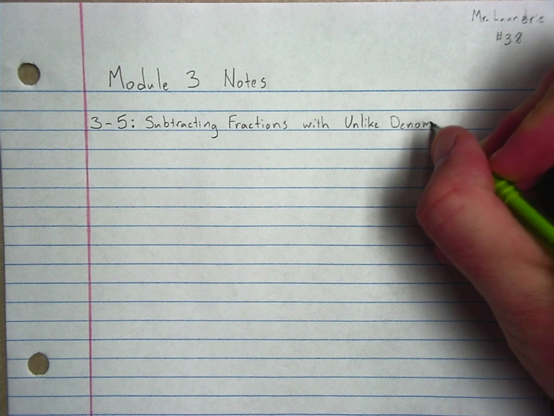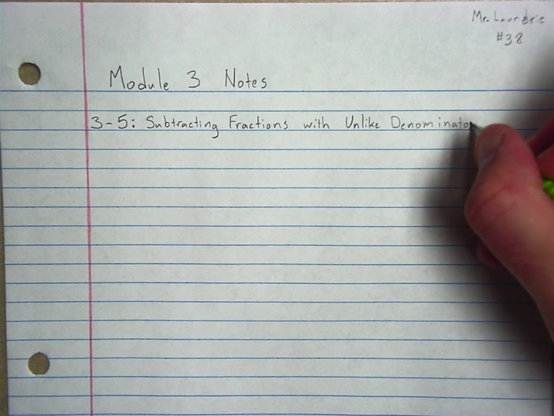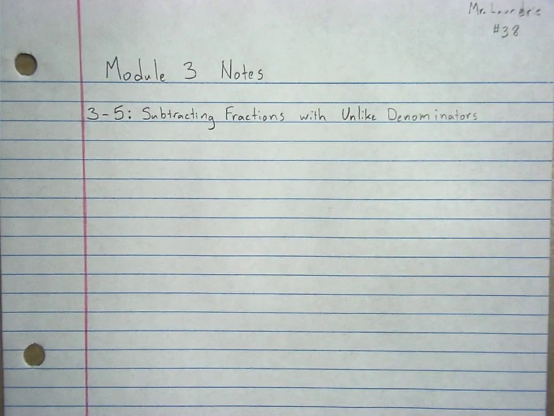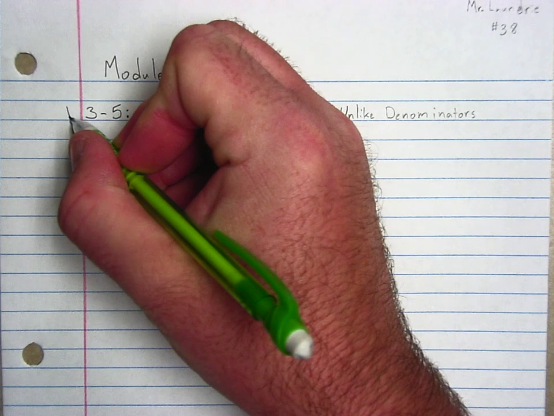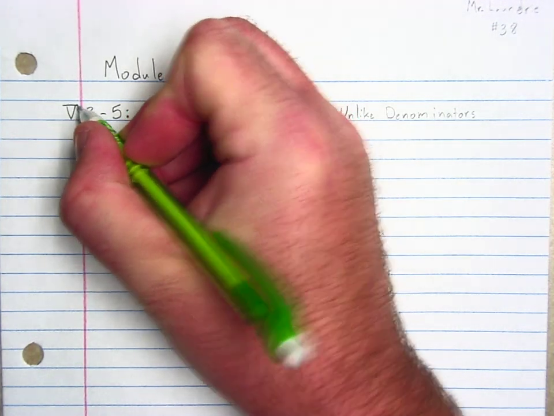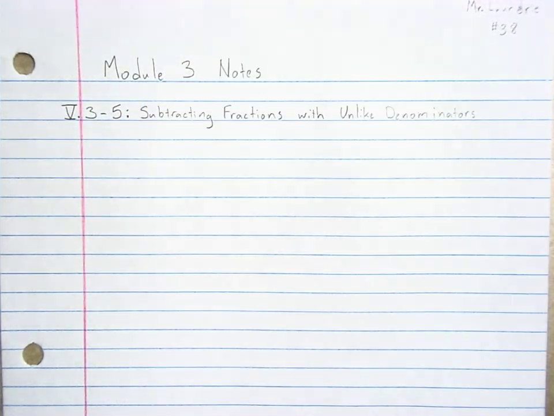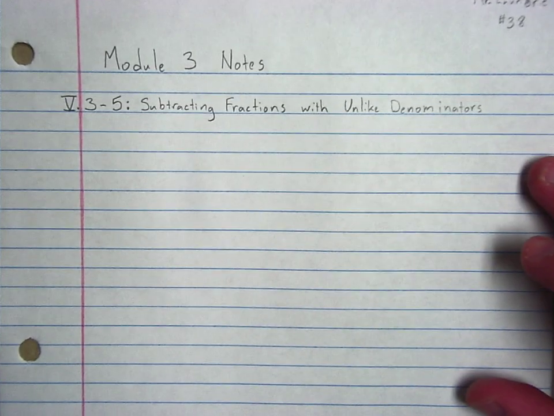So, subtracting fractions when the denominators are different. Okay. We need our Roman numeral 5, which is just a V. And then we're ready to begin.